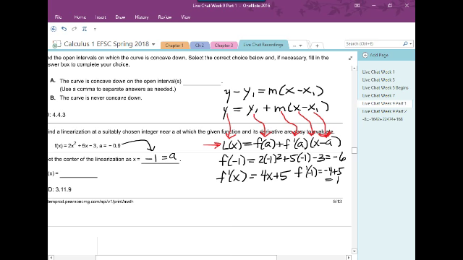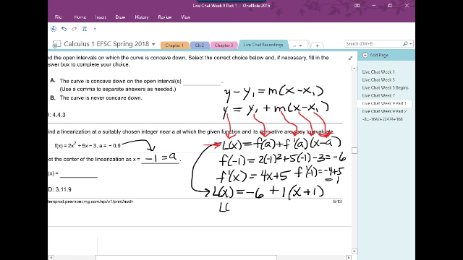Okay, so now we have what we need to plug in. So L of x is going to be f of a, which was f of -1, which was -6, plus f prime of a, the derivative at -1, so that's going to be 1, times x minus a, so x minus -1 is x plus 1.